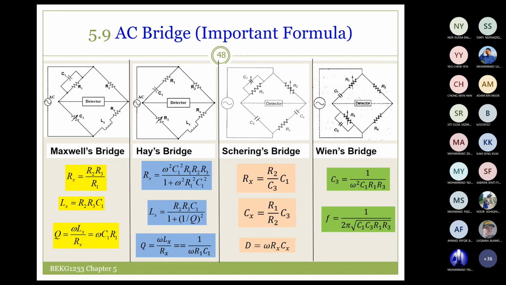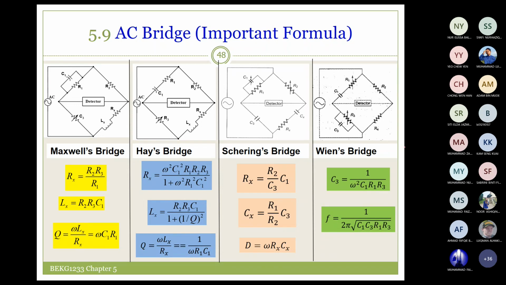And for the Wien bridge, you can find C3 is equal to 1 over omega 2 C1 R2 R1 R3, and the frequency is equal to 1 over 2 pi root C1 C3 R1 R3.